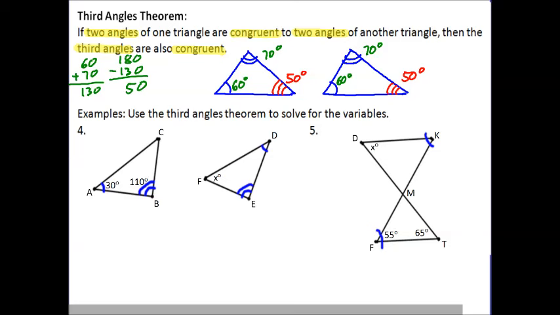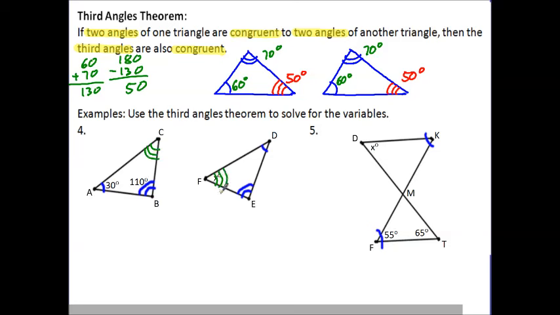In example 4, see how angle A is corresponding to angle D and also congruent. Angle B is congruent to E, and angle C therefore has to be congruent to angle F. Let us make that mark here to indicate what we just found out.